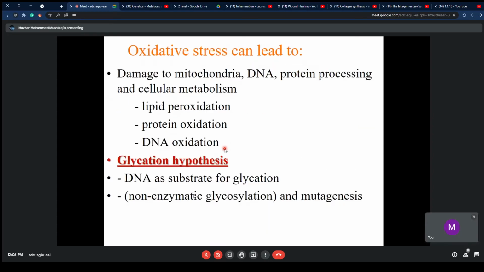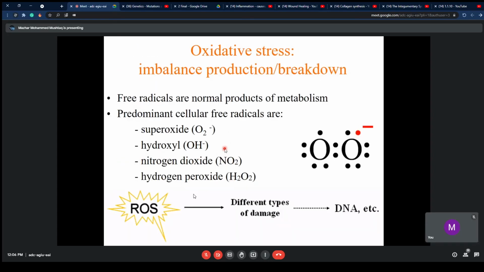So that leads to damage. As I just said, when there is an increased amount of superoxide, hydroxyl, nitrogen oxide, hydrogen peroxide, we call this oxidative stress.